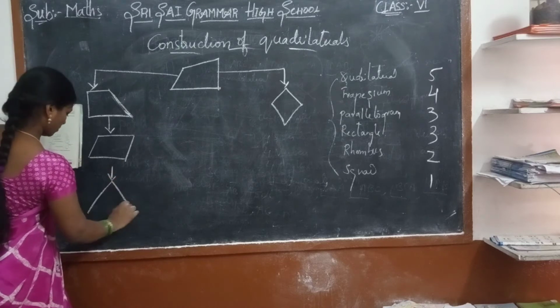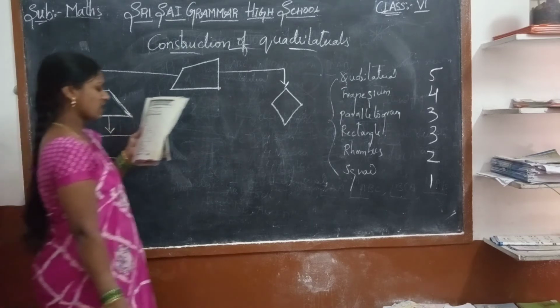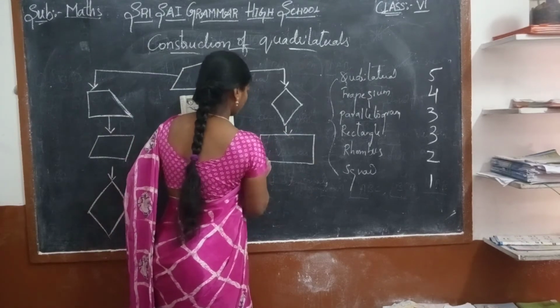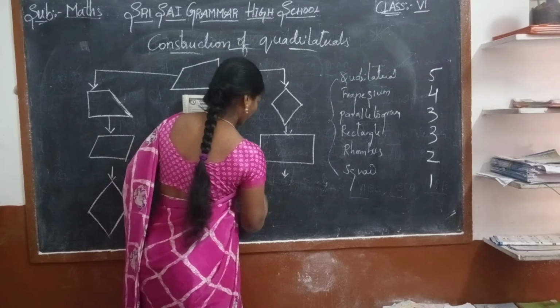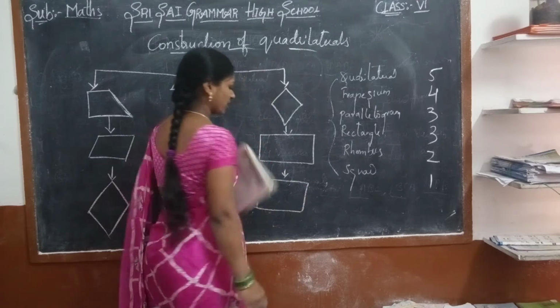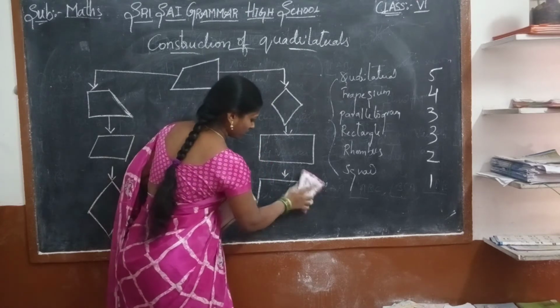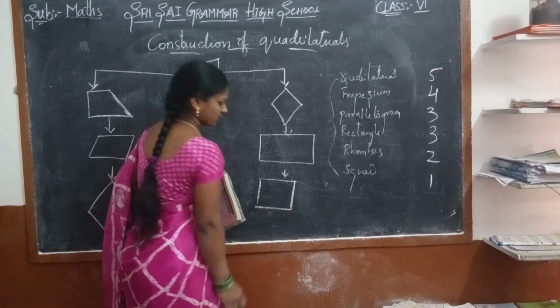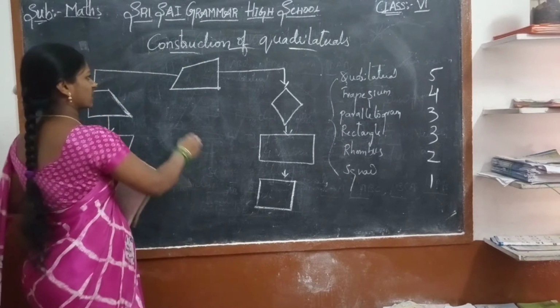Here one more trapezium. Here one rectangle. Here a square. There are 6 types of quadrilaterals that can be seen.